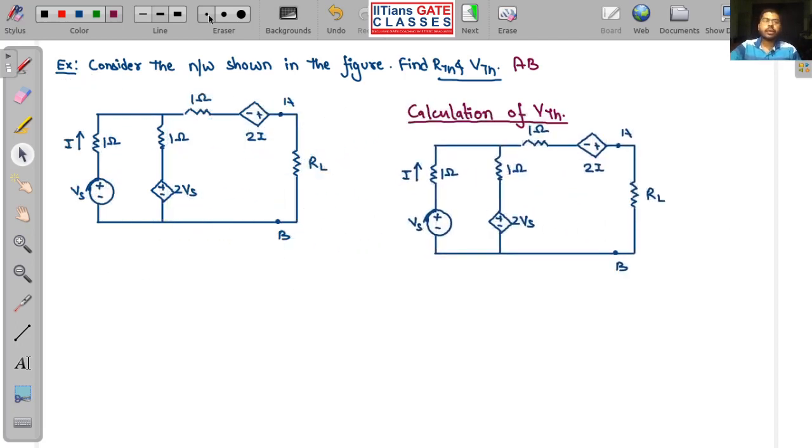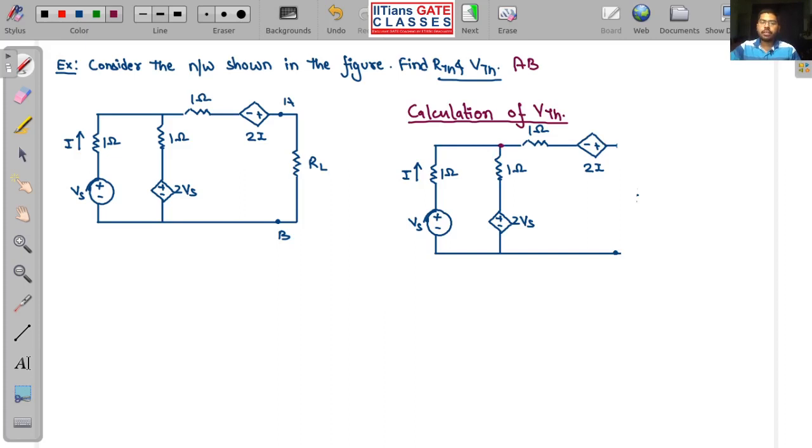So what I am going to do, I am simply going to open circuit this terminal and calculate VTH from this terminal. What you see, there is no current flowing from here.